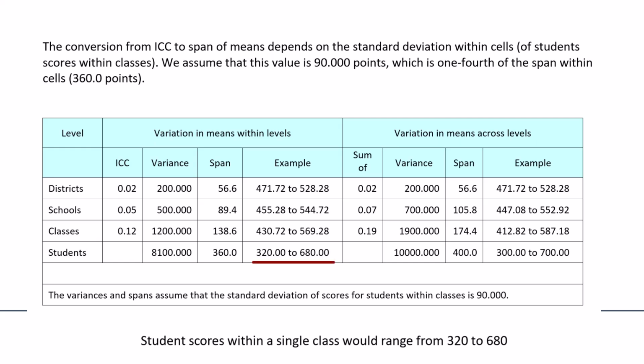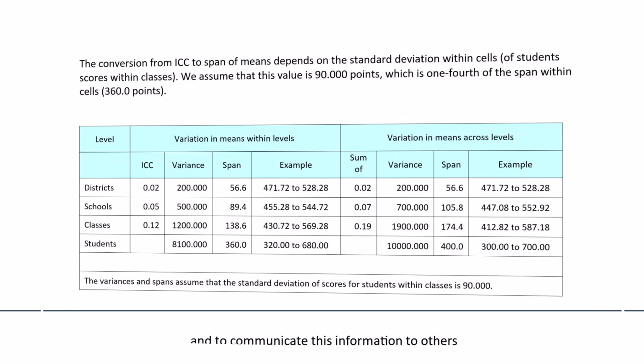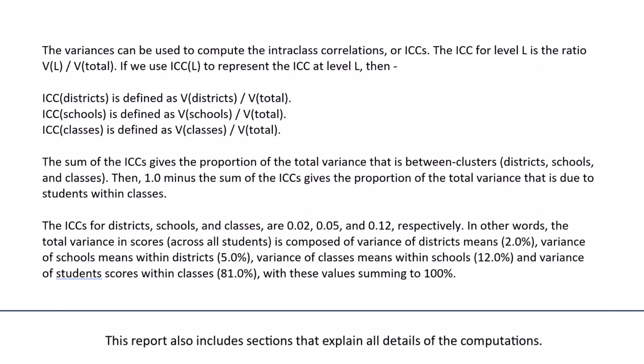Student scores within a single class would range from 320 to 680. But student scores across the entire sample would range from 300 to 700. We can use this to ensure that our numbers are plausible and to communicate this information to others. This report also includes sections that explain all details of the computations.